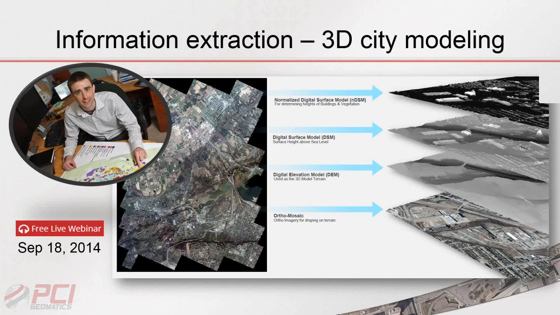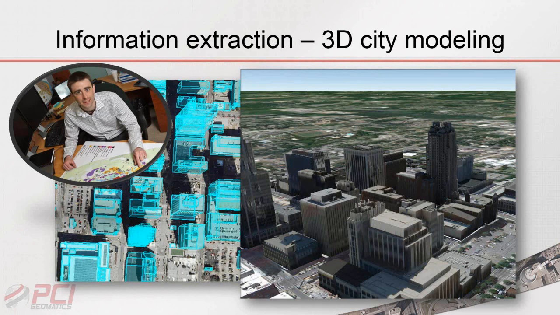And the other thing that we'll be doing is we'll be deriving information such as this. This is a capability that is part of our software suite, which allows you to use stereo imagery to model in 3 dimensions the buildings that are located on the ground, or any 3D object that is visible within your stereo imagery.